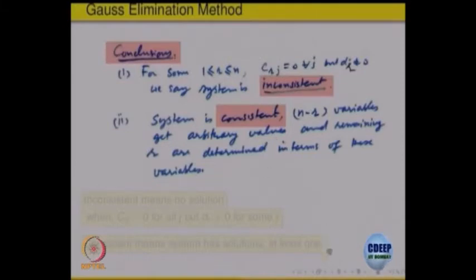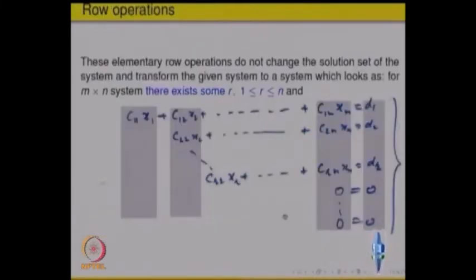So, let us just look at the previous equation. Suppose this is a consistent system. This involves the variables x_r, x_(r+1) up to x_n. So, this is the equation involving these n minus r variables.